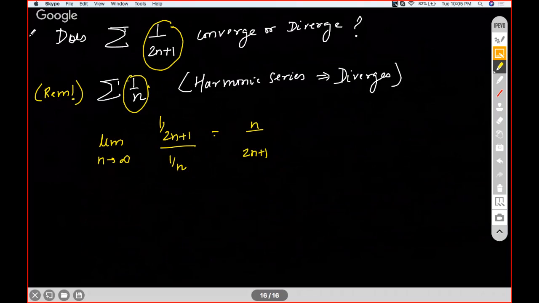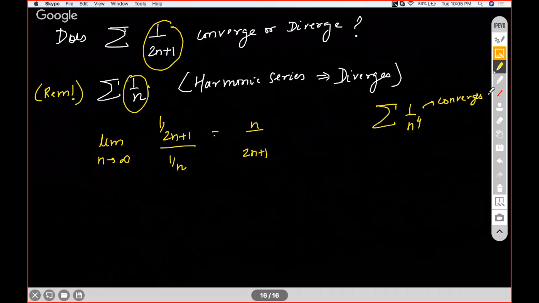You're complicating it. Whatever he's taking, the test will fail there, so that will not help him out. 1 by n to the power 4. Then what do you plan to do with this? It converges, right? But every term of this is not smaller than this, right? So the test fails. Correct.